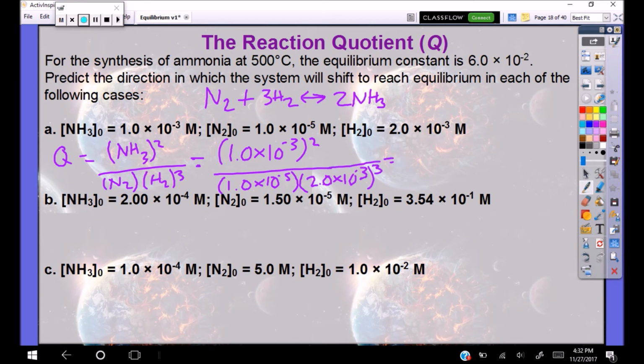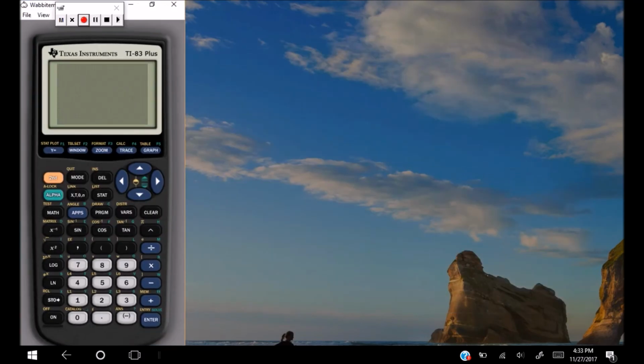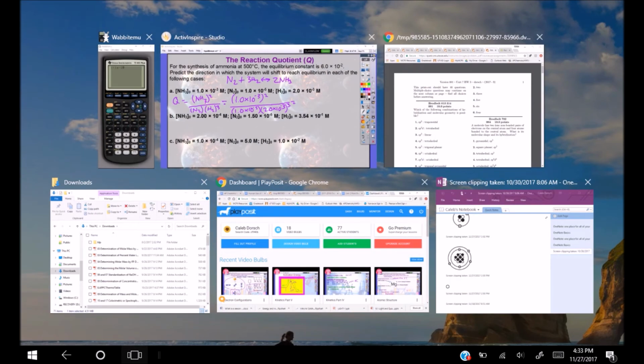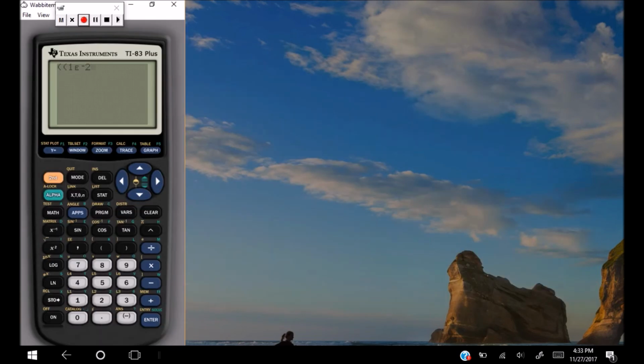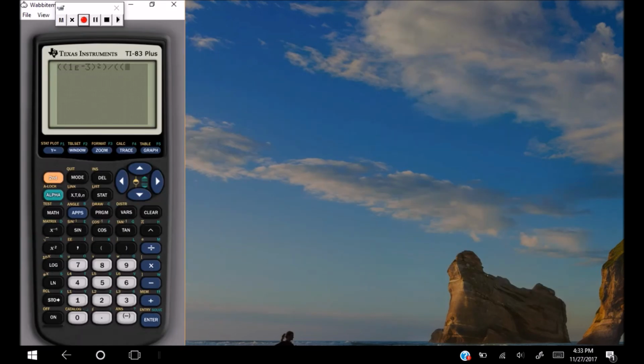Let's plug that in and see what we get for Q. So 1e to the negative 3, that is squared, divided by 1e to the negative fifth times 1e to the negative third.